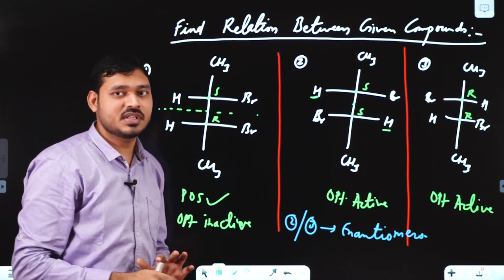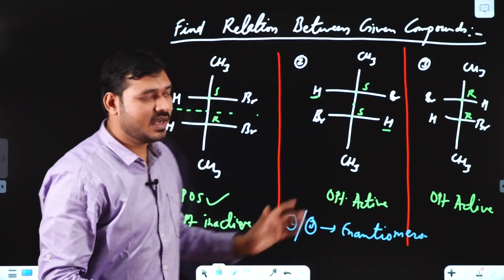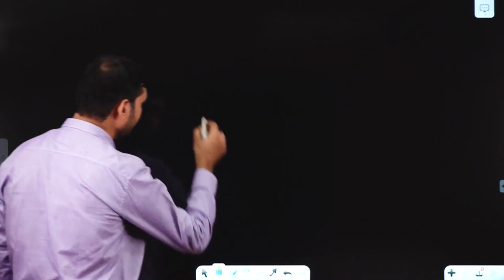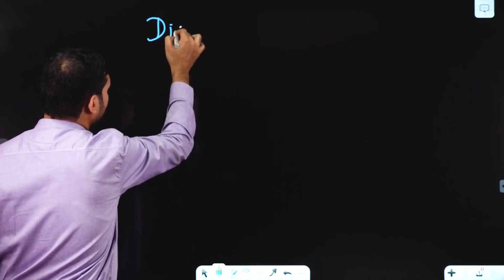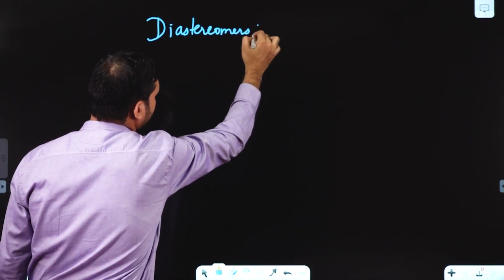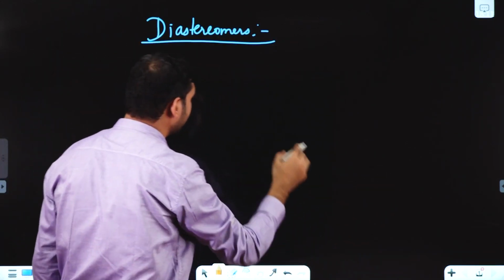Such compounds are called diastereomers. Okay, so let's study it in detail. Diastereomers.